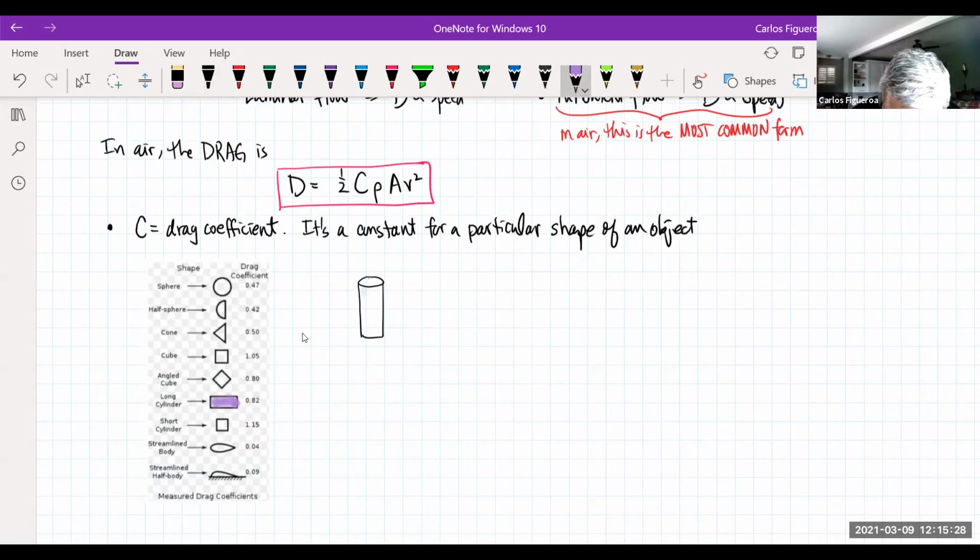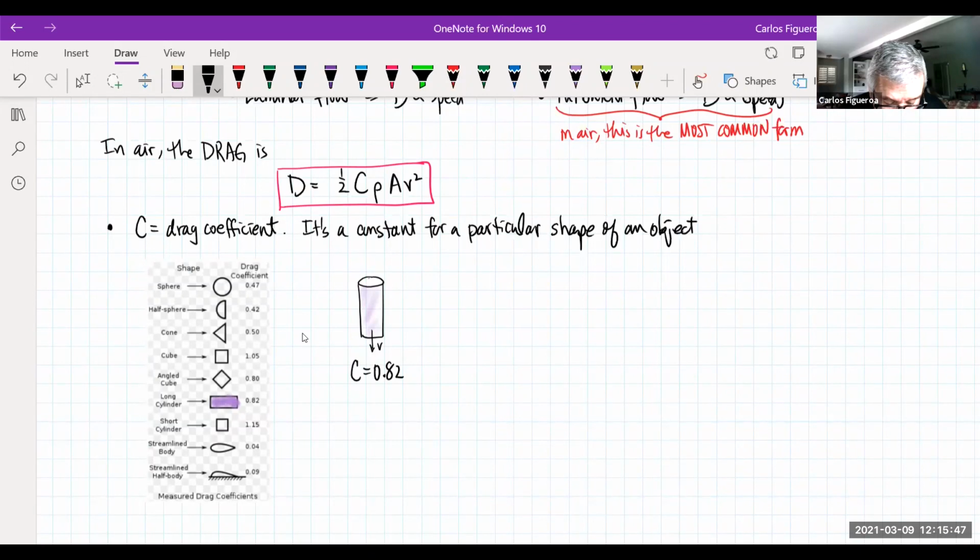Let's say this is my cylinder and it's falling. According to this table, as this thing is falling through air, you're going to see that this coefficient is 0.82. That's what its coefficient is.